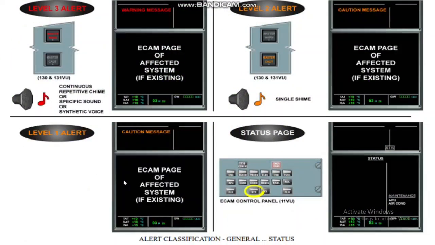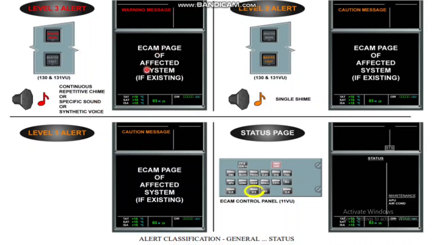We'll go through this diagram and you will understand how it is. We'll take the example of a level 3 alert. You get the master warning light, a continuous repeated chime, a specific sound, and a static voice also.